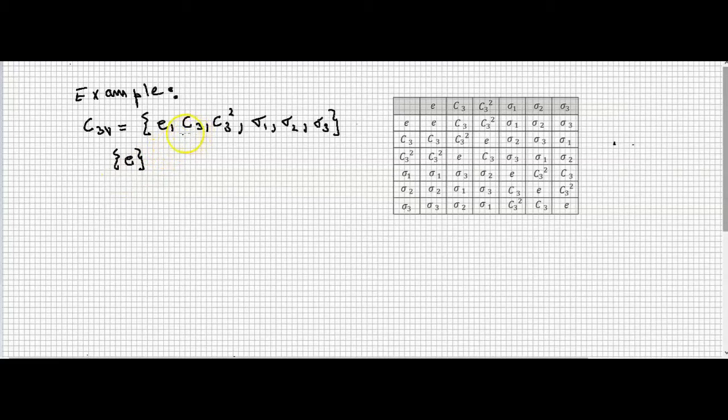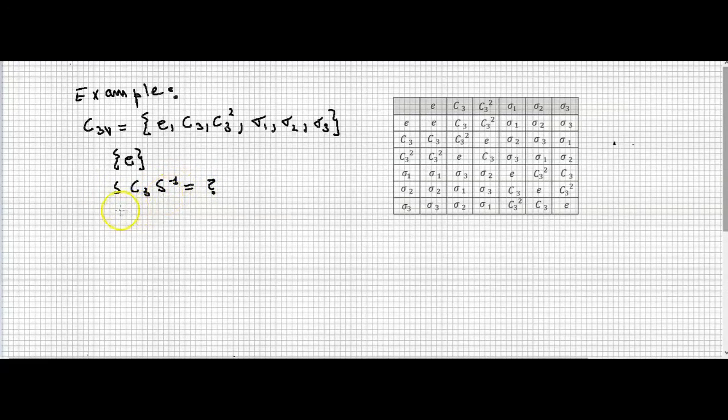Now if I want to construct the class of elements that are conjugated to C3, I have to form all the products S C3 S minus 1, where S is an element of G, and see which are the elements that are conjugated to C3.